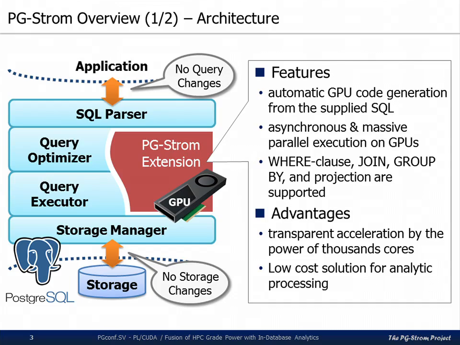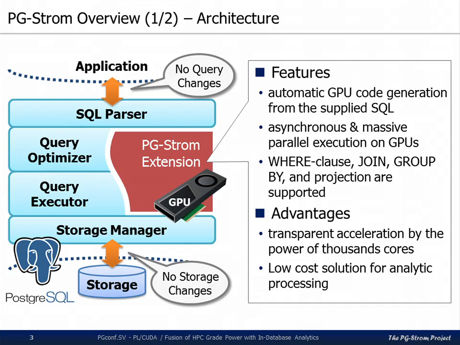Once a user sends a query to PostgreSQL, the optimizer asks the pgstrom extension whether this SQL query can be executed on GPU devices. Once a workload like join, scan or aggregation is executable on GPU devices, pgstrom constructs a custom scan path and registers its execution path to the optimizer.